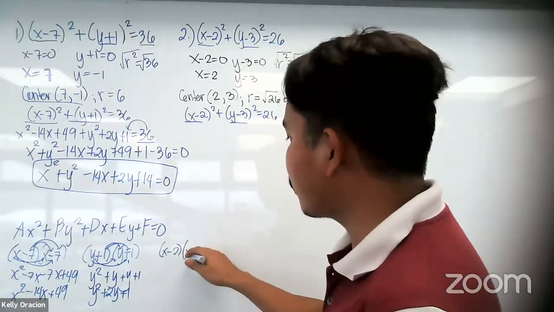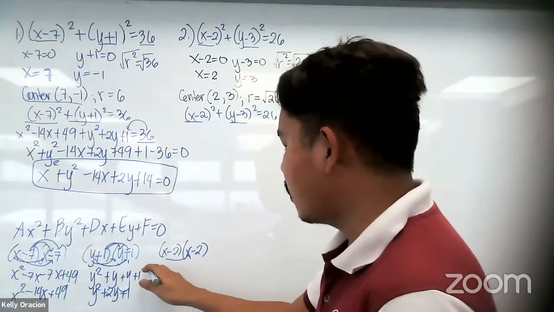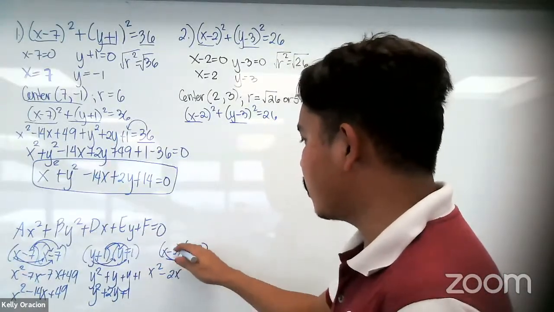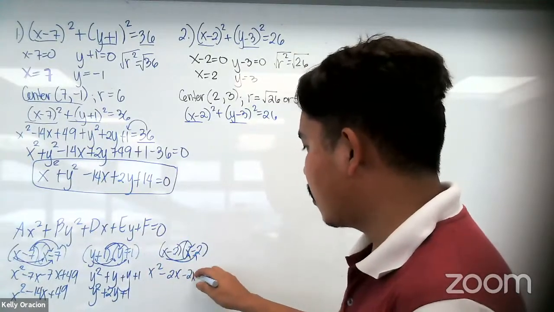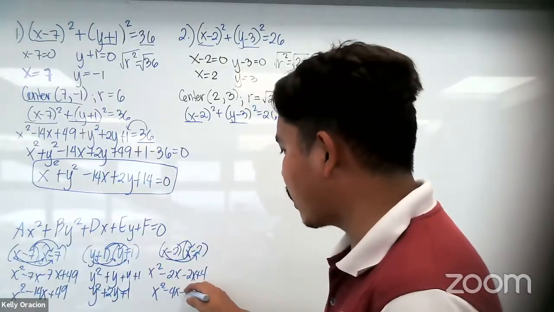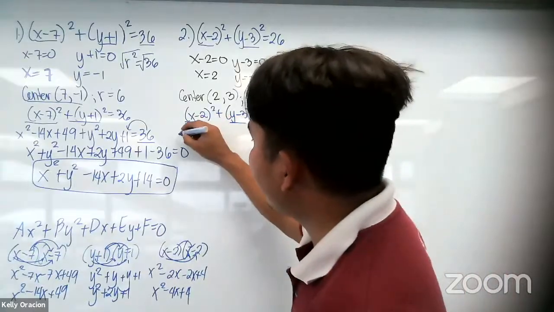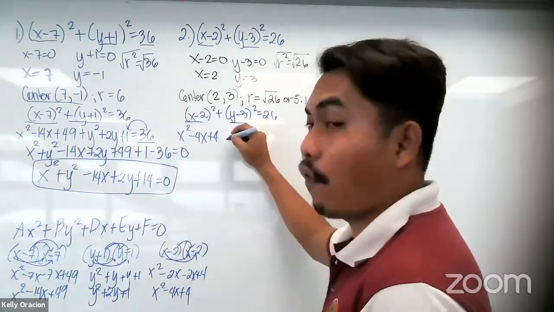So x minus 2 times x minus 2. So x times x is x squared, x times negative 2 is negative 2x, then negative 2x, then positive 4. So you have x squared minus 4x plus 4.